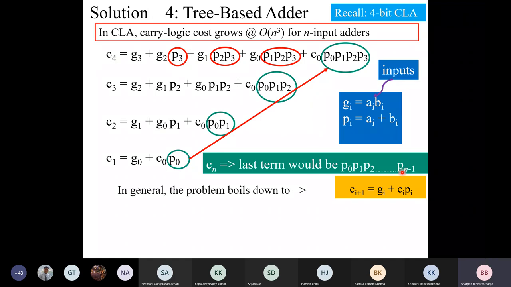So let us forget about adder design for the time being. Let us look into a more fundamental problem here. Are you familiar with this sequence of terms like this, which grows one by one like a substring? Anywhere in computer science, have you encountered this kind of thing?